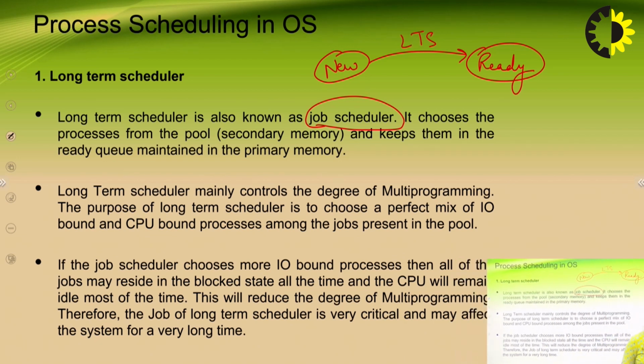The long-term scheduler mainly controls the degree of multi-programming. The purpose of the long-term scheduler is to choose a perfect mix of IO-bound and CPU-bound processes among the jobs present in the pool. What are these IO-bound and CPU-bound processes? CPU-bound process refers to CPU time.